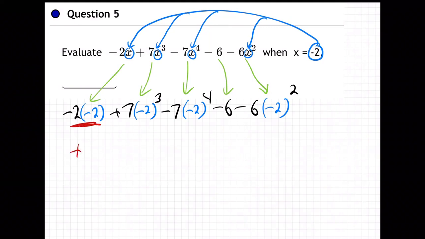-2 times -2, +4. This is going to be +7 times -2 cubed. Now use your calculator. That's going to come out -8. Are you okay with -2 cubed right there? What is -2 cubed? That means -2 times -2 times -2.